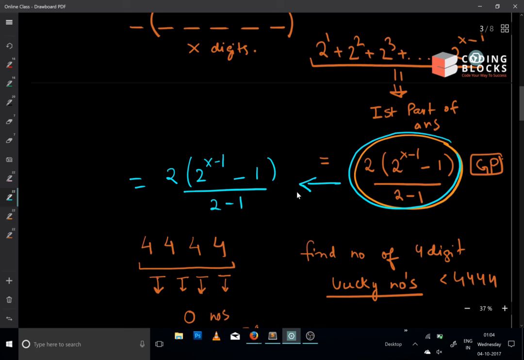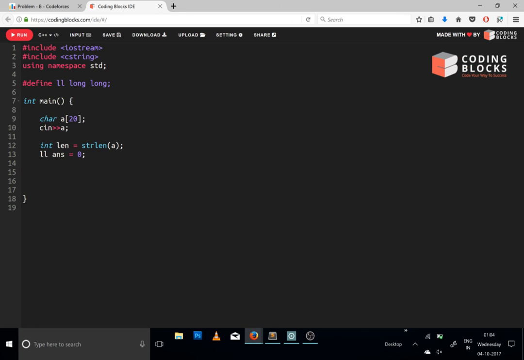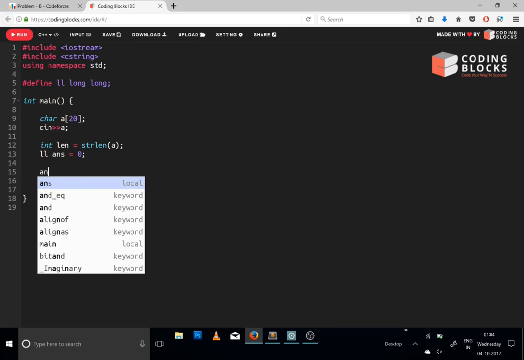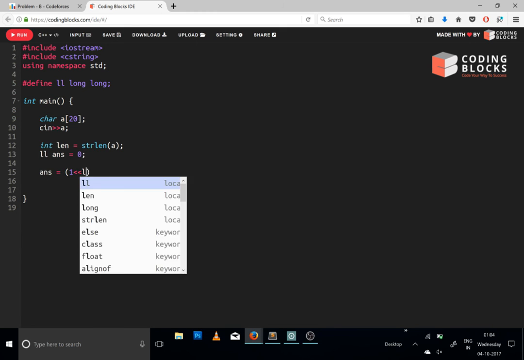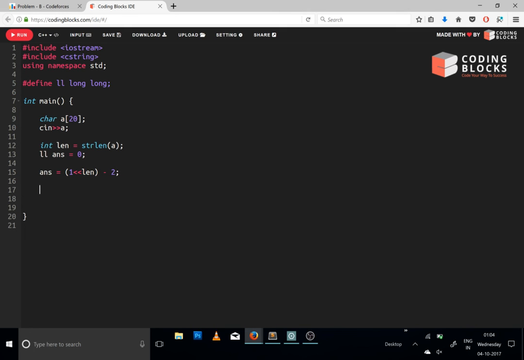So if I open the brackets, I will get 2 raised to the power x minus 2, where x is the length of the number or the array, right? So my answer is going to be 2 raised to the power, means 1 left shift length, and minus 2.